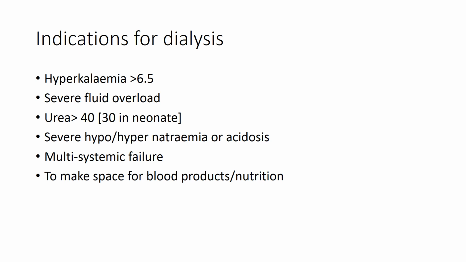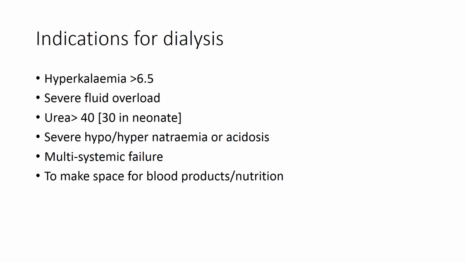Then patients requiring blood products, because we know that when we give blood products, that constitutes giving volume to these fluid-restricted patients. So therefore, they are at increased risk of developing pulmonary edema, and so we would want to dialyze them.